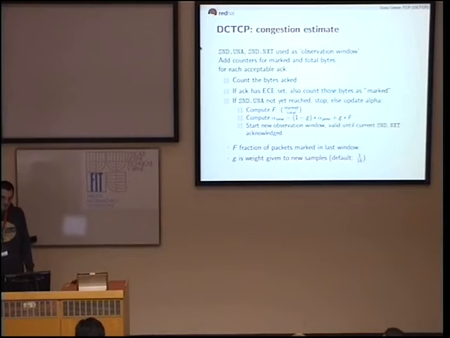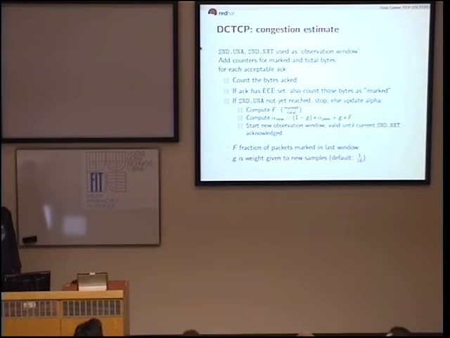Data Center TCP tries to estimate the amount of congestion and not only the presence. It does that by introducing a so-called observation window, which basically consists of the unacknowledged number, that's basically the packets that you've sent but you don't know yet if they have been received on the other side, and the next sequence number that you're going to use when sending a packet.